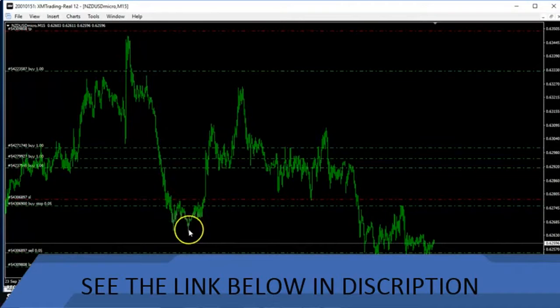This is a double bottom, which shows the end of this move. Coming all the way from here with a double bottom, this move is finished. It will go up. This is why it shot up.